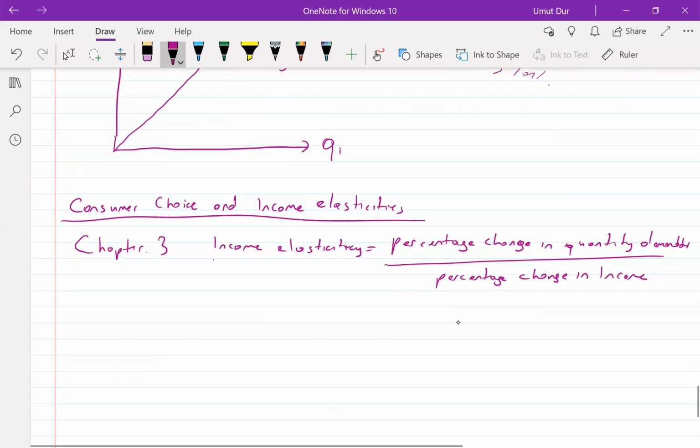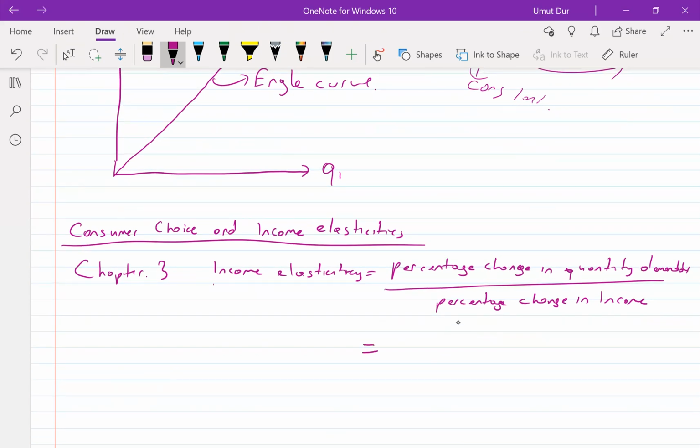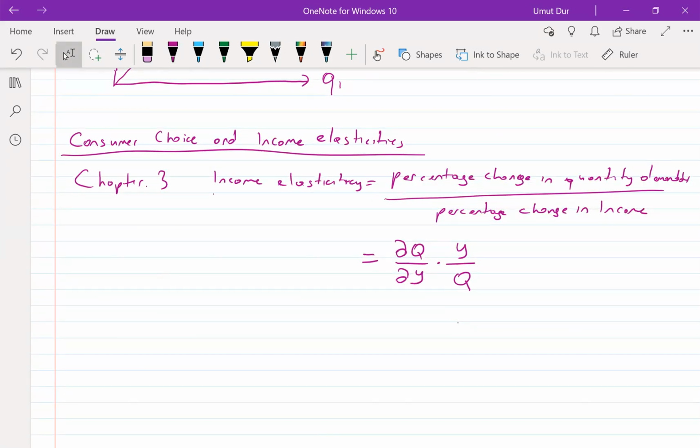If you would like to write it in terms of derivatives, it is dq over dy times y over q, the income level that you are looking at and the corresponding quantity level. The value of this income elasticity changes depending on whether the good is normal or inferior. We also have another type of normal goods that I will explain in a second.